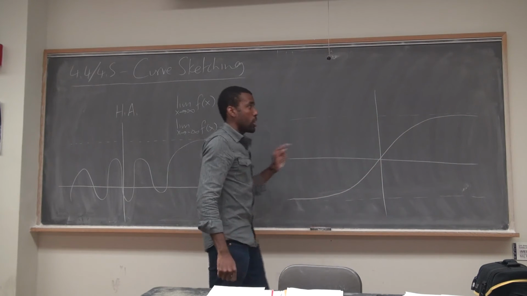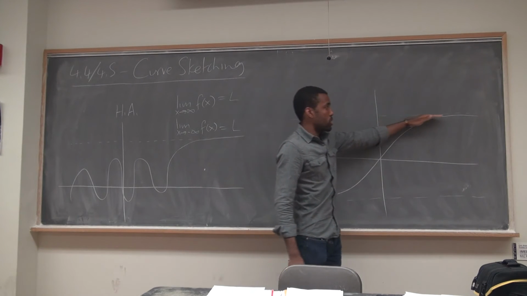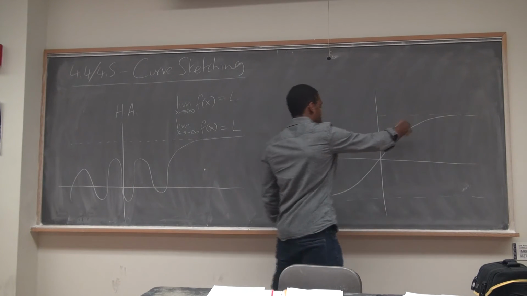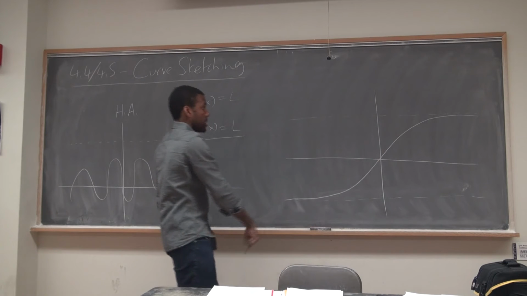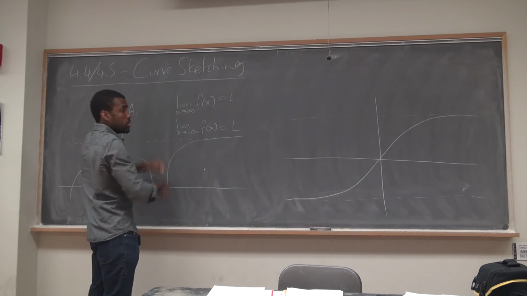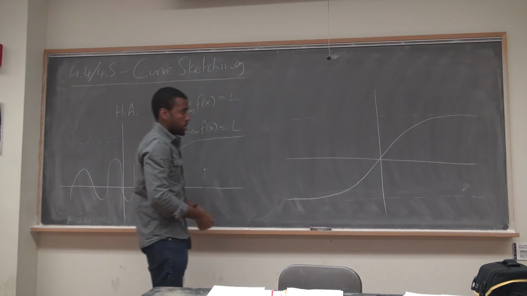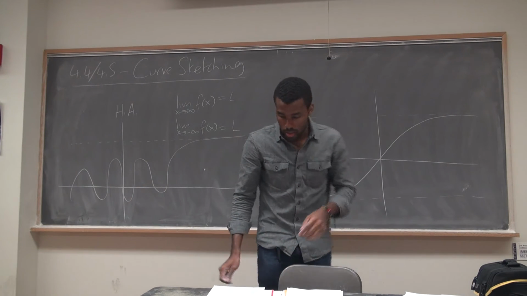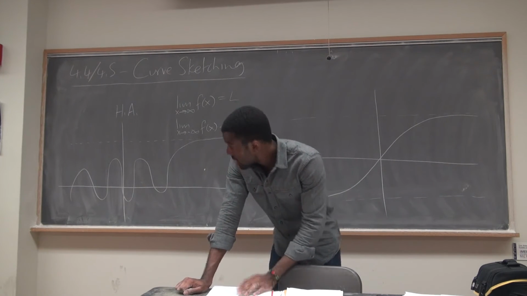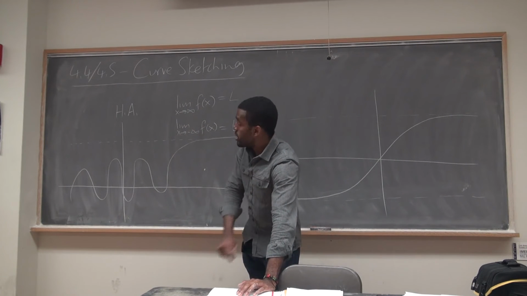Right? So as you're going off to positive infinity, it's going towards this line. But as you go to negative infinity, it's going towards another line. Right? So it's important for you to find both limits. Right? It's possible for the limits to actually be the same, but you have to check for both. Right? So that's how you find horizontal asymptotes. You take the limits at infinity.